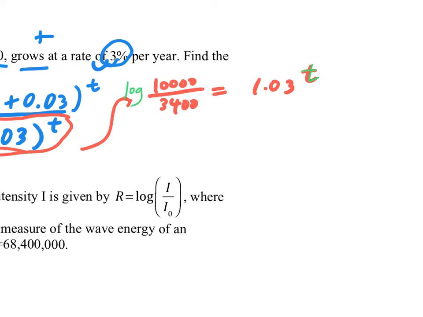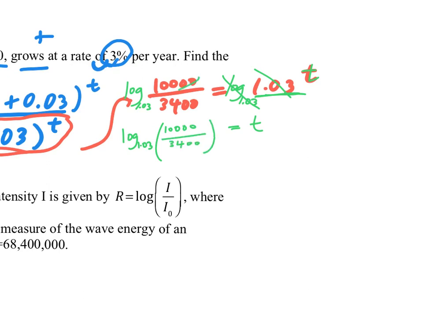I take the log of both sides. And since the base 1.03 is what I'm trying to undo, I have to make the log base equal to 1.03. So these cancel out. I get t is equal to log base 1.03 of 10,000 over 3,400.